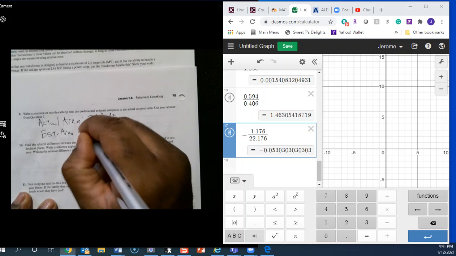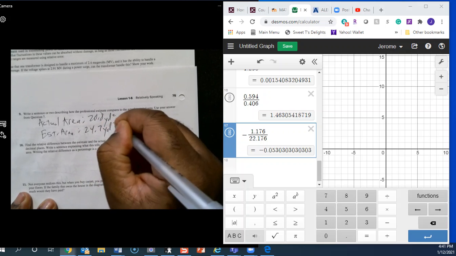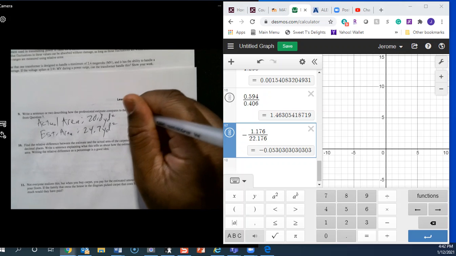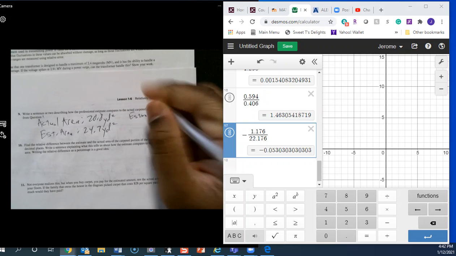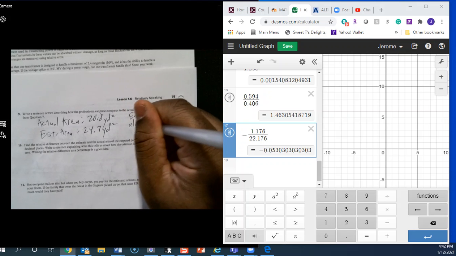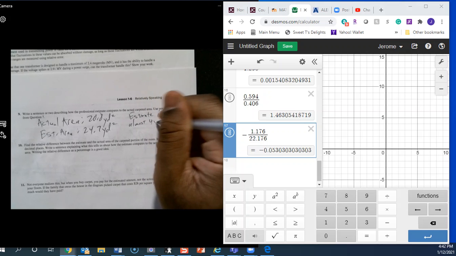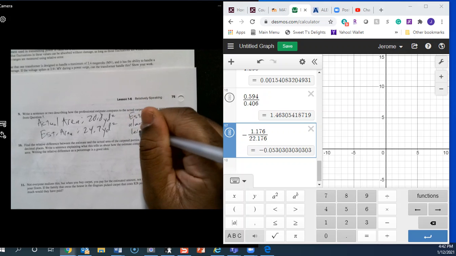So it'd be 24.7 square yards if we round to 1 decimal place. Okay, the estimate is almost 4 square yards larger.